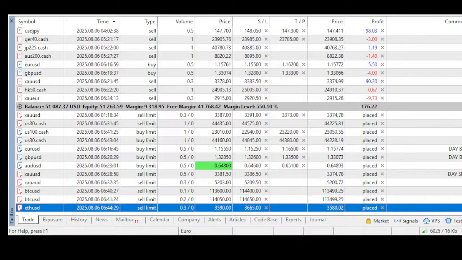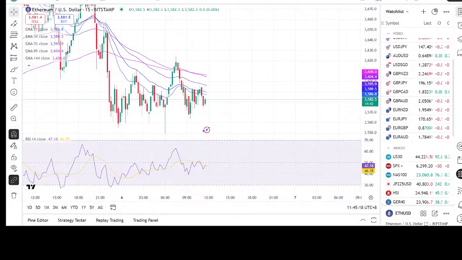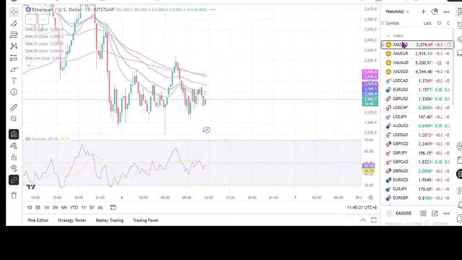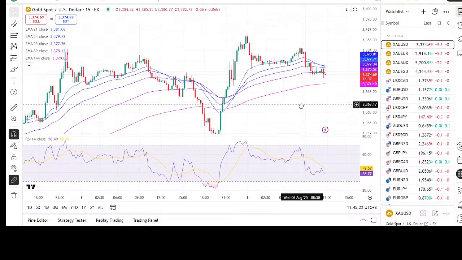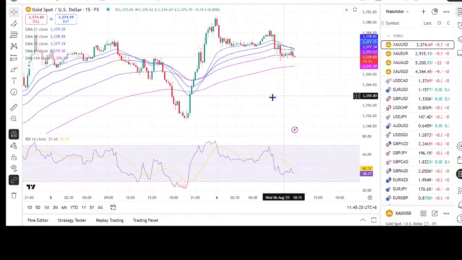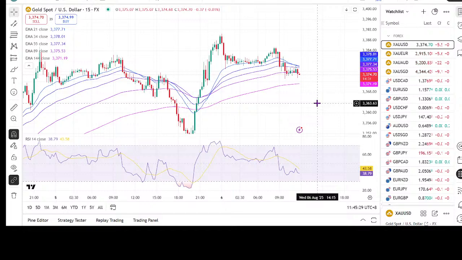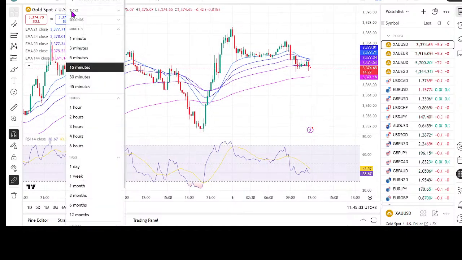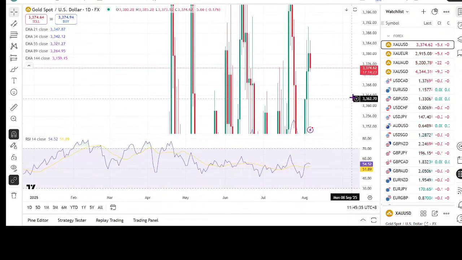Gold also I've already spoken about, but we have not given the target yet, so that one I think we need to work on now. Okay, the gold, the target should be somewhere near 66, 68.